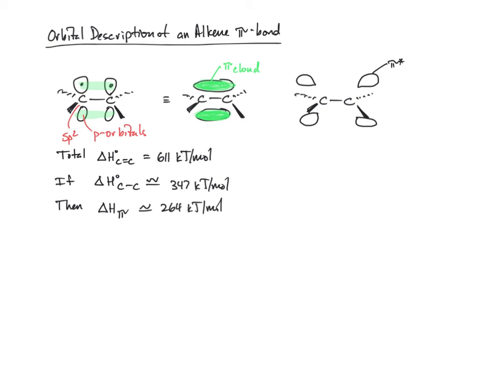So what are we understanding from this information? The sigma bond is much stronger than the pi bond itself. So overall, these two things make up that double bond, but the sigma bond contributes more to the strength. So therefore, the first thing to break is the pi bond itself.